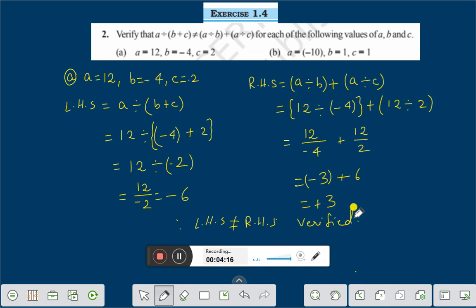Now we will solve question number B. Question number B, value of A is minus 10, B is 1 and C is 1.